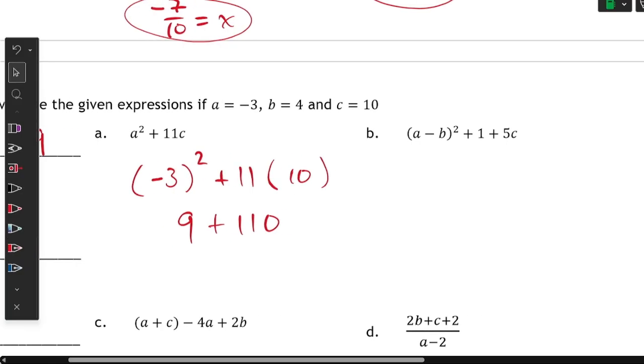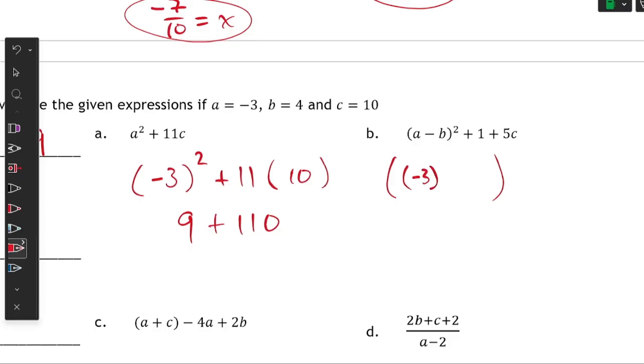For B, I'm going to use probably some extra parentheses. So here's my value of A, again, A is -3. And then I'm going to be subtracting from that the number 4, that's what B is. We're going to square that result, add 1, and then add 5 times whatever C was, which was 10. So in my parentheses, I've got a -3, and I'm subtracting another 4, which gives me a -7.